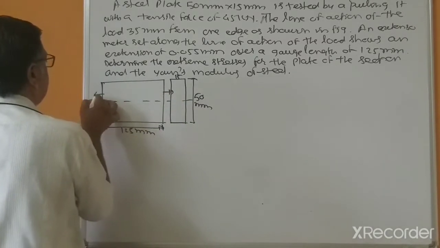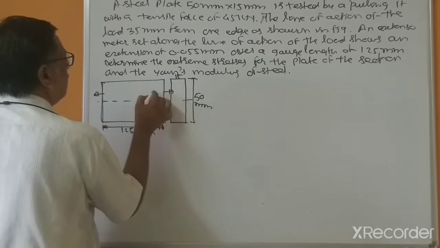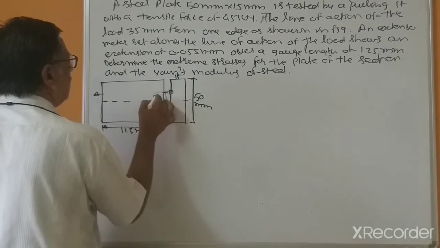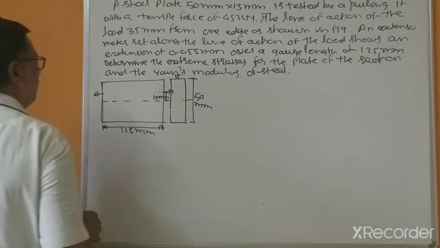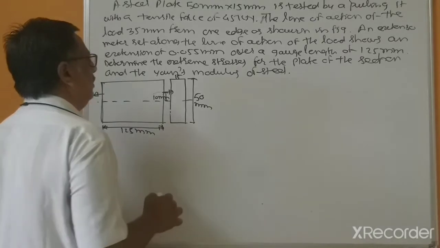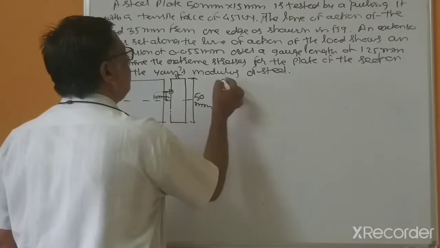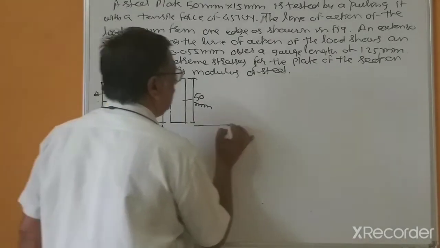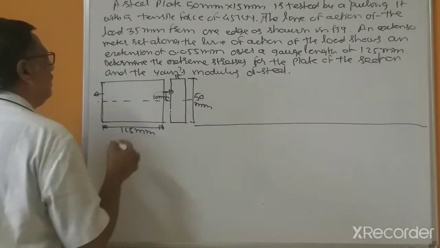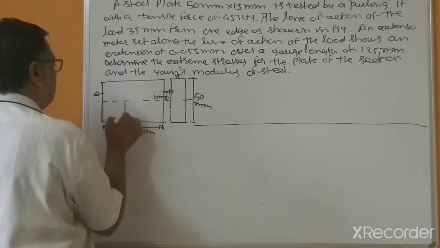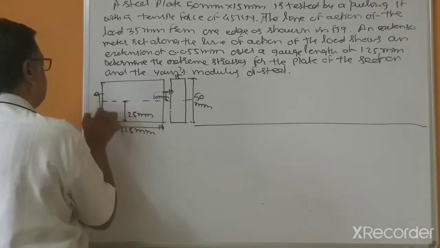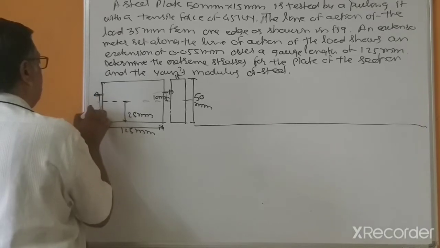This distance equals 10 mm. Here we will use this space for the diagram. Now this distance is 25 mm and this total distance is 35 mm.